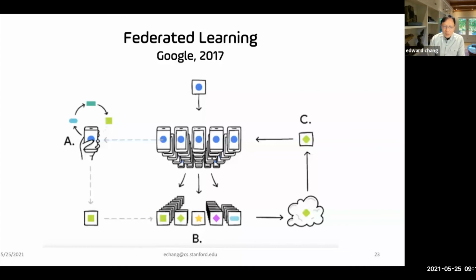After the machine learning has been conducted, a model has been learned on the phone, then the model will be sent to the cloud. And the cloud, or a centralized system, then will aggregate all the information and develop a global model. And the global model will come back in return to the target individual cell phones.